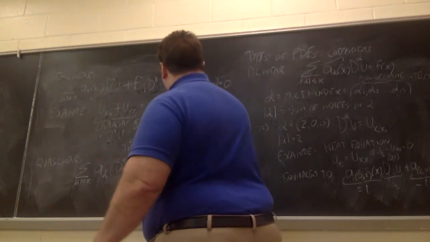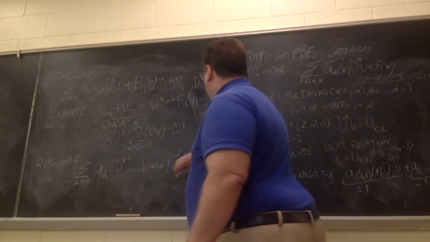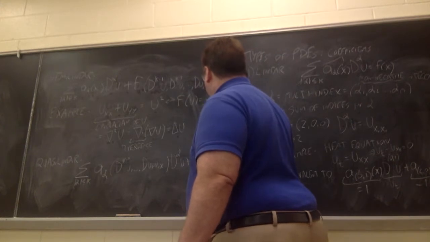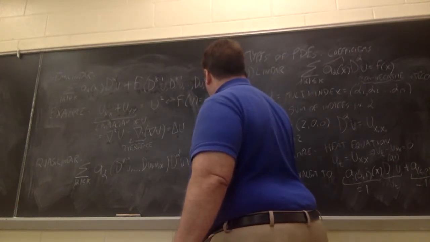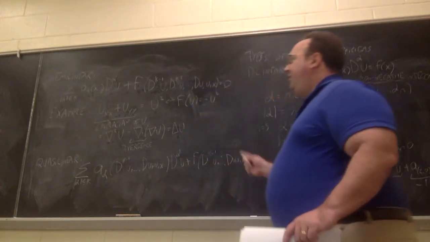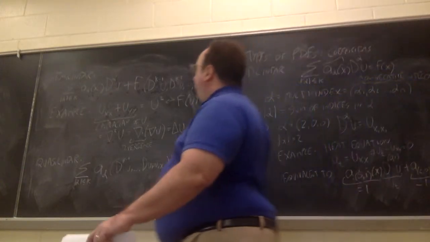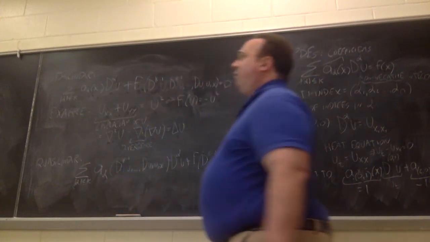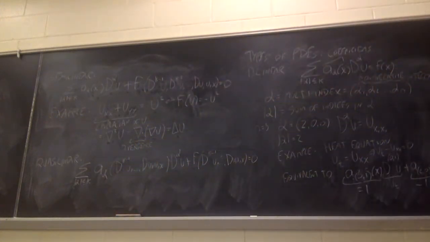You can also have another function f that's not multiplying any derivative. So that's the step from semi-linear to quasi-linear. In semi-linear, the coefficients were only allowed to depend on x, but now they can depend on u or its derivatives.